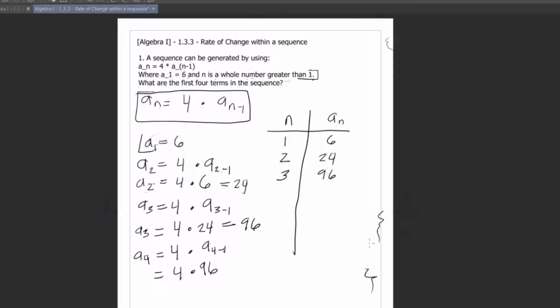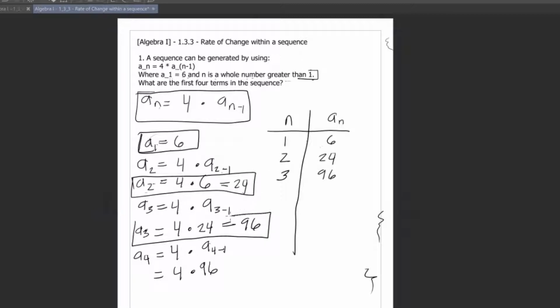I'm still getting somewhat used to this. Okay, so without wasting too much time, I'm going to box in these answers here so you can see what each value equals here, and then the work that takes to get there. A sub 4 equals 4 times 96, which, not off the top of my head, gives you 384.